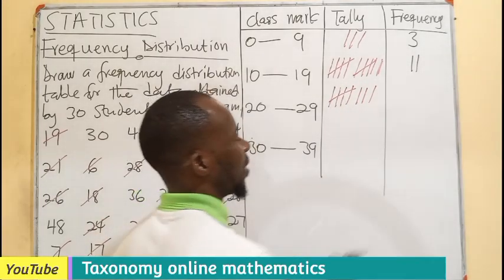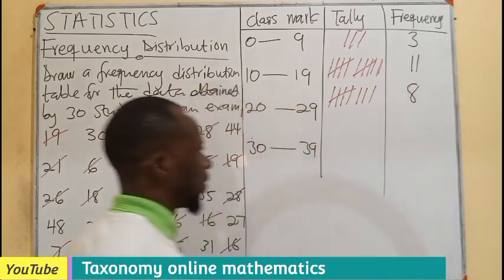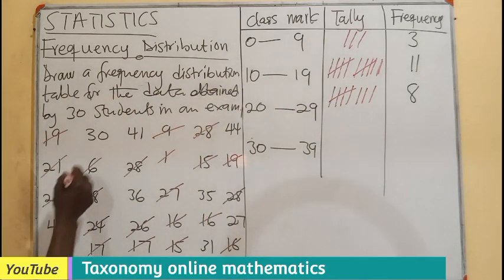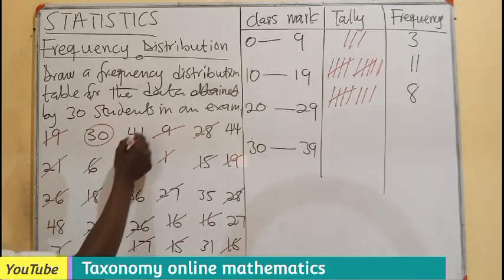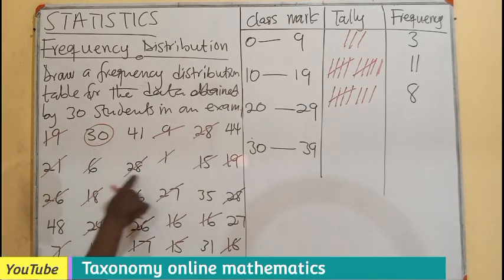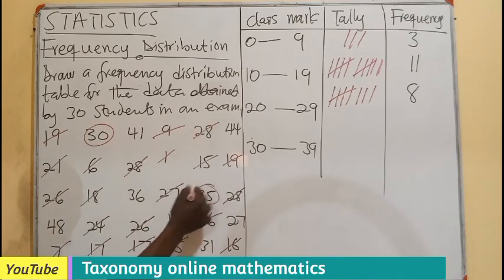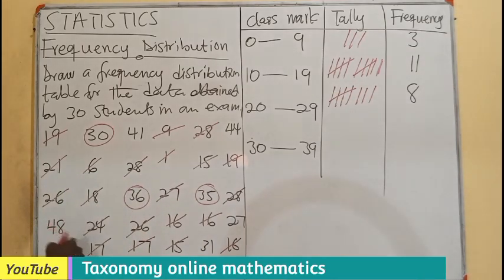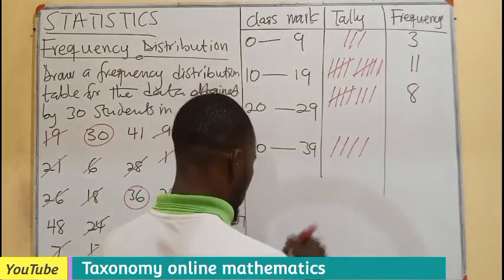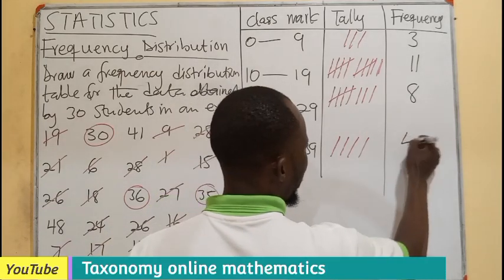And that gives us a frequency of 8. The last one is we are looking for 30 and beyond. So 1, 2, 3, 4. So it means we are having 1, 2, 3, 4. Then the frequency will be 4.